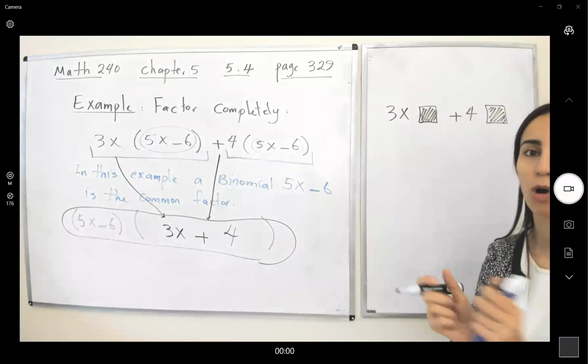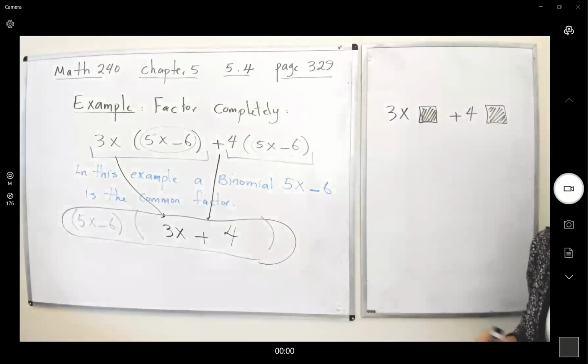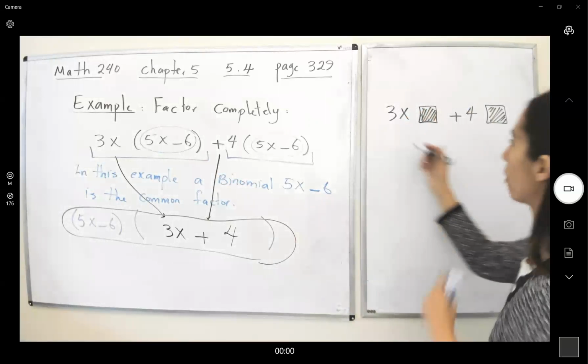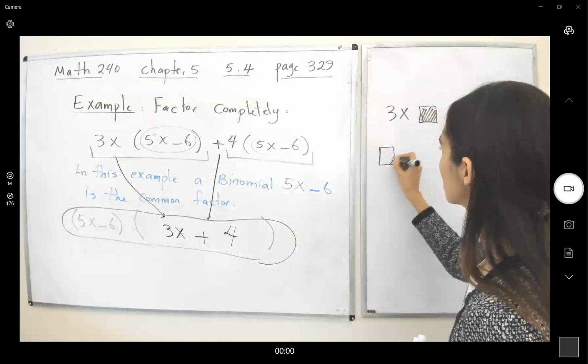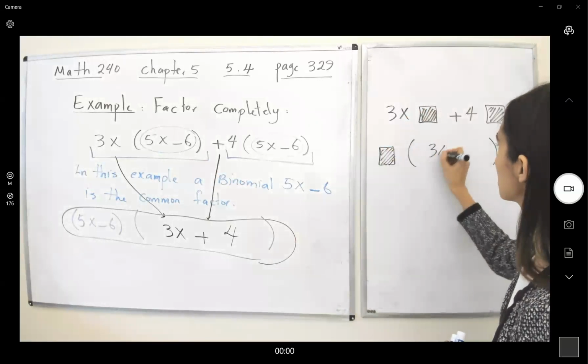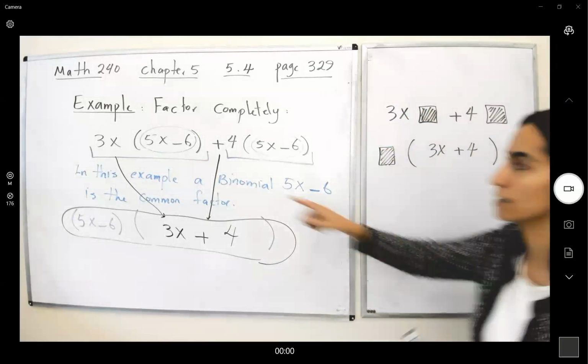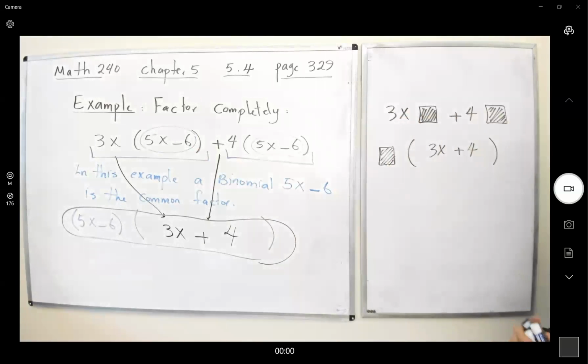It doesn't matter whatever is in that box, 5x minus 6 or anything else. You can take this box as the greatest common factor, write it outside the parentheses, 3x plus 4. This is your box.